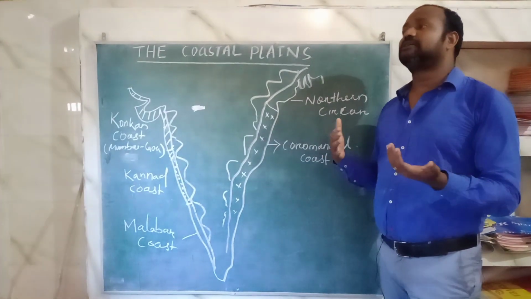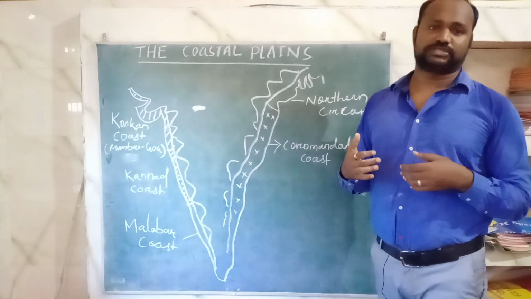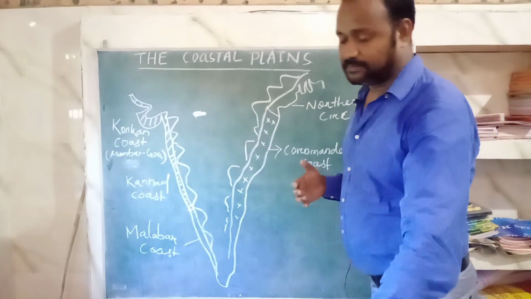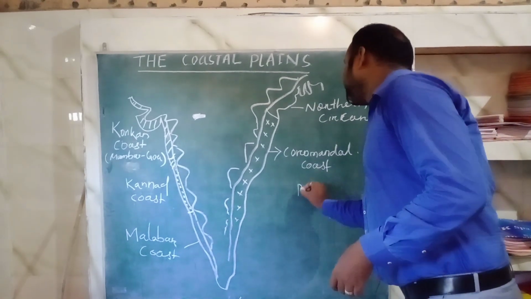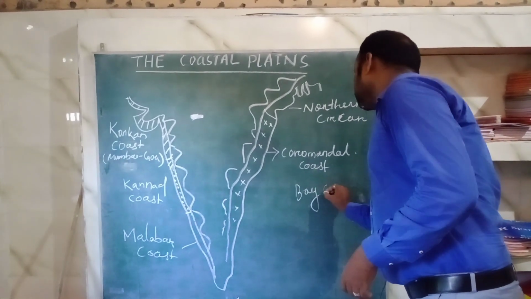So students, location of eastern coastal plain. Eastern coastal plain lies in between the Eastern Ghat and the Bay of Bengal.